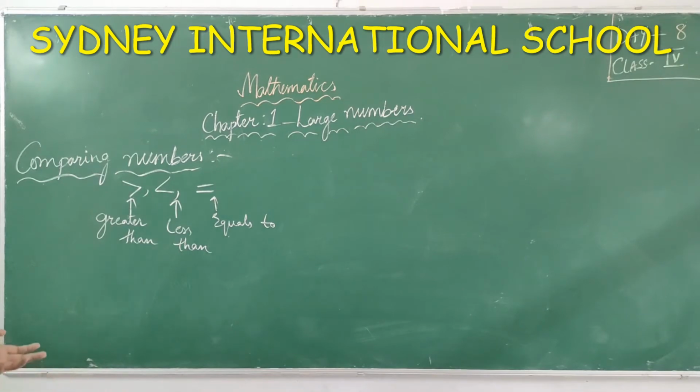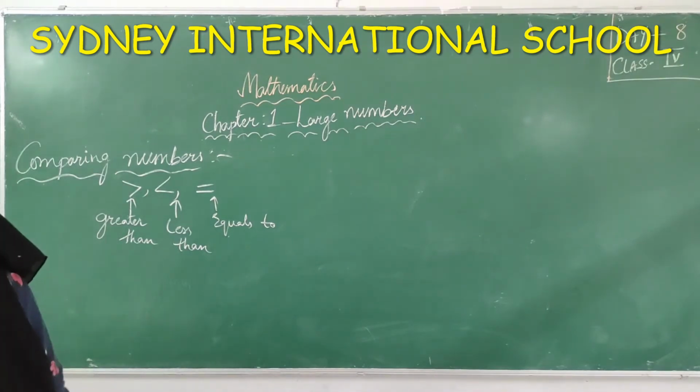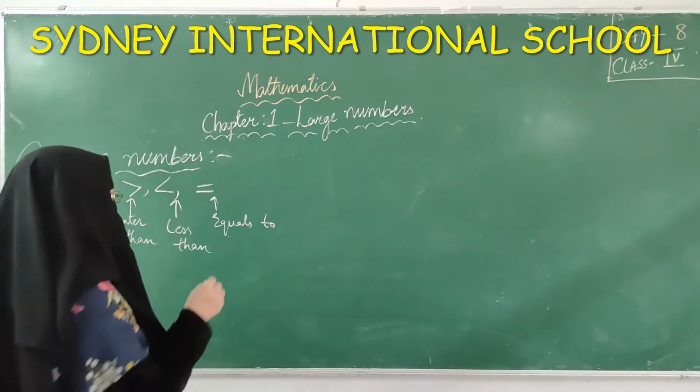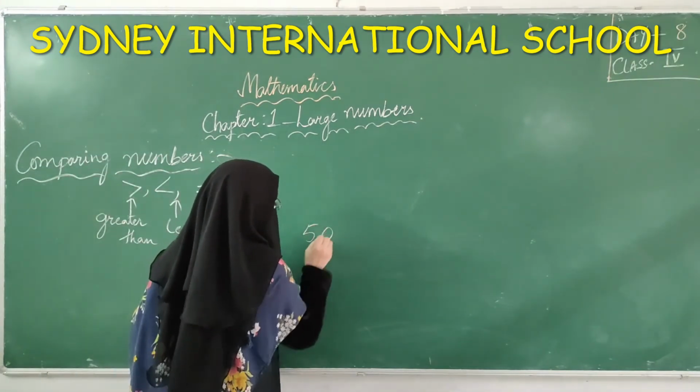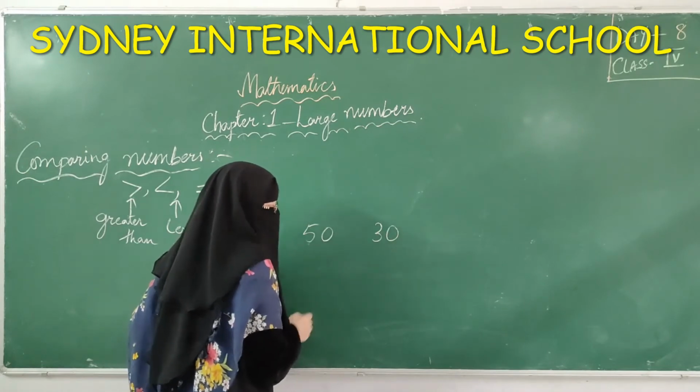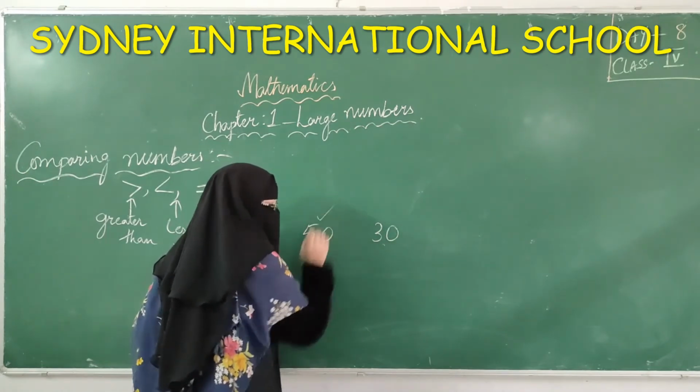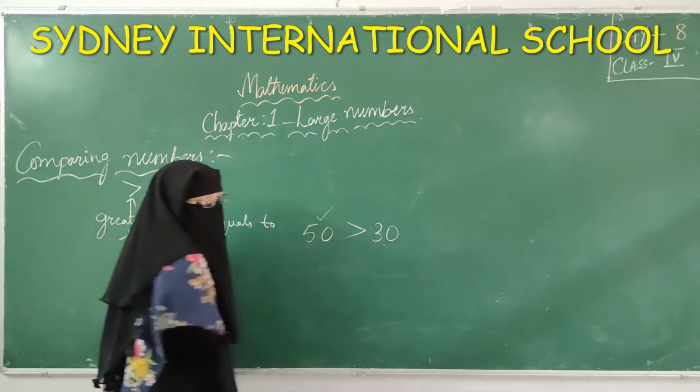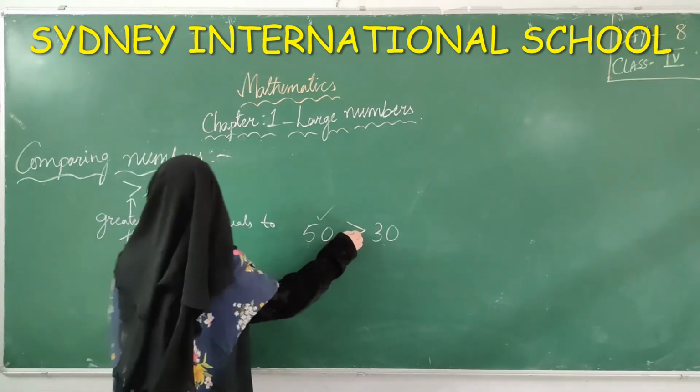And we can see rupees also. Father is giving your younger brother 50 rupees, and to you he is giving 30 rupees. Which is greater? 50 rupees is greater, right? So we will put this symbol. This is the greater than symbol.